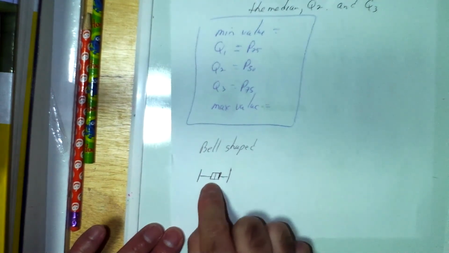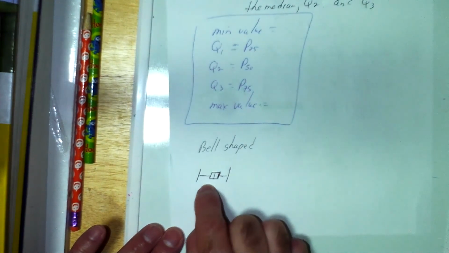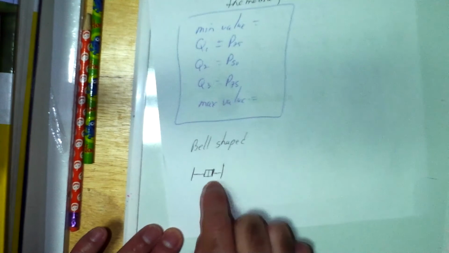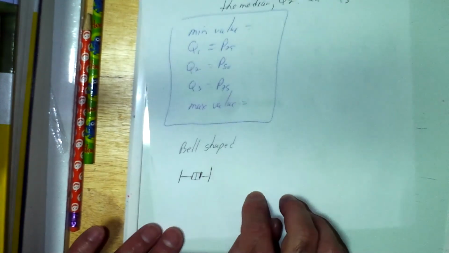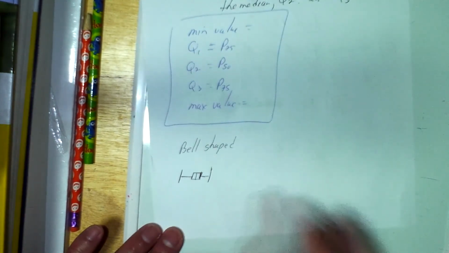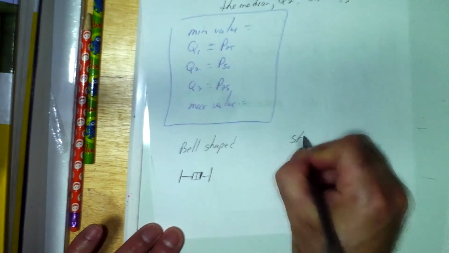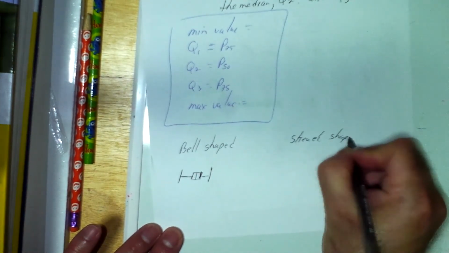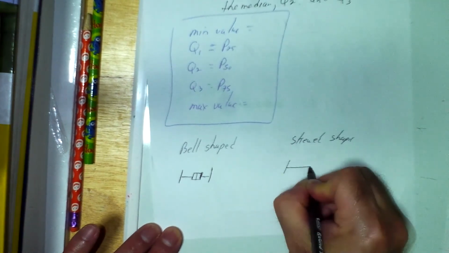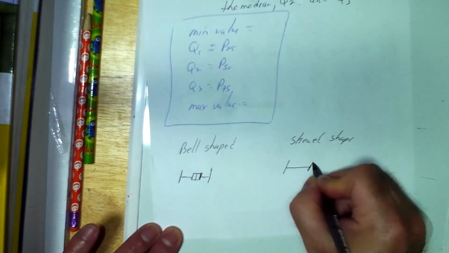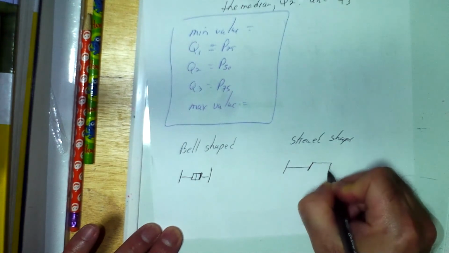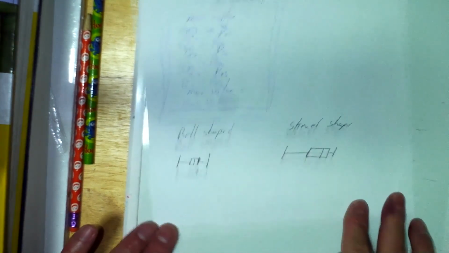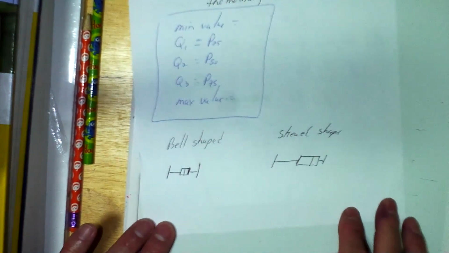It is a perfect box in the center, and it's centered right exactly in the middle. That's what bell-shaped data would look like. If it's skewed, you'll know it's skewed. The square is no longer a square, it's more of a rectangle and it's off. That is skewed.